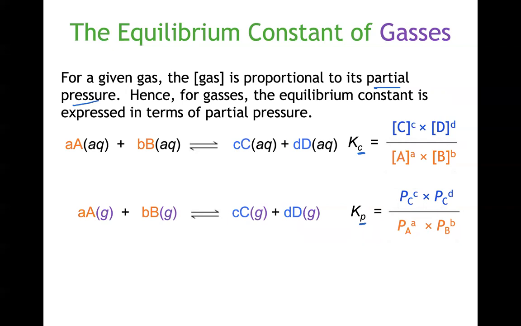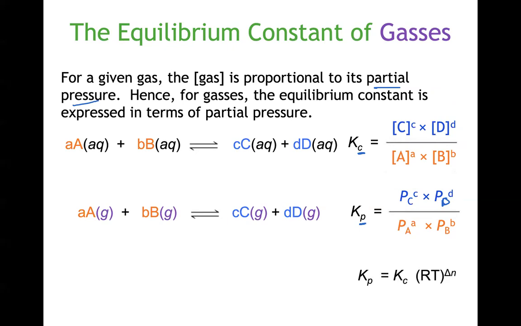So it's the partial pressure of C raised to its coefficient times the partial pressure of D raised to its coefficient, over the partial pressure of each reactant raised to its coefficient.